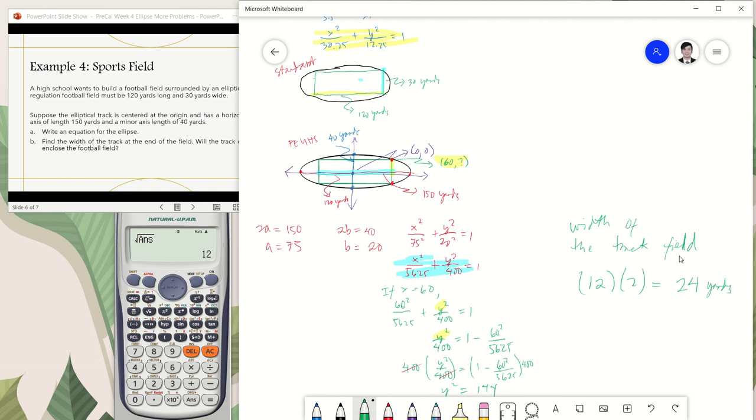So yung sagot is no. Kasi meron pa tayong kulang na 6 yards, so that it will really follow yung standard natin sa regulation for football fields. Since it lacks 6 yards. Kasi kailangan 30.